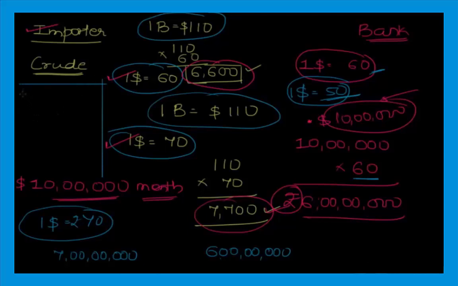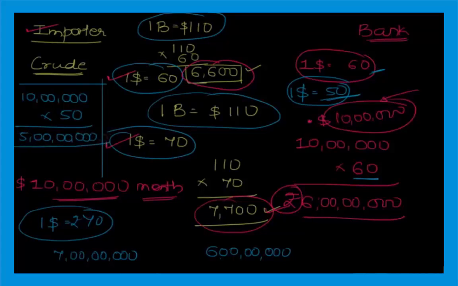I wanted 10 lakh dollars. At $1 equal to 50, I would have had to pay only 5 crore rupees. But because of this forward contract between me and the bank, which is $1 equal to 60 rupees, in this case also I'll have to pay 6 crore rupees to get 10 lakh dollars.